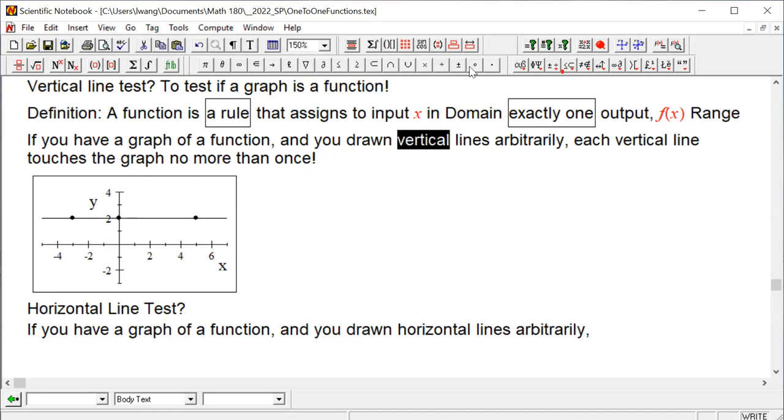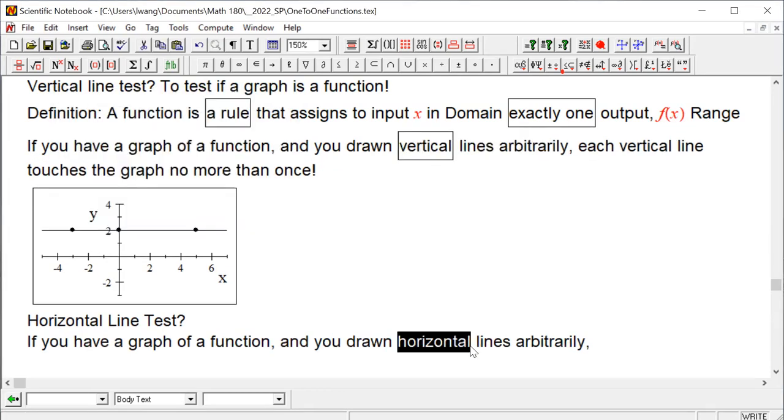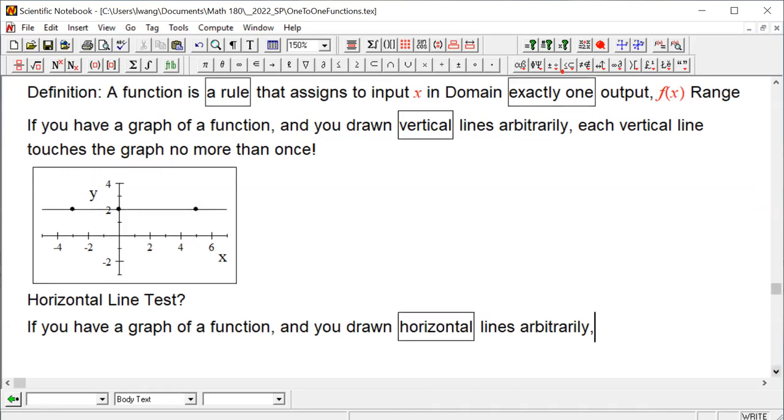To test if it's a function, we use vertical lines. To test whether it's a one-to-one function, we use horizontal line test. When we draw a horizontal line, we draw horizontal lines arbitrarily.